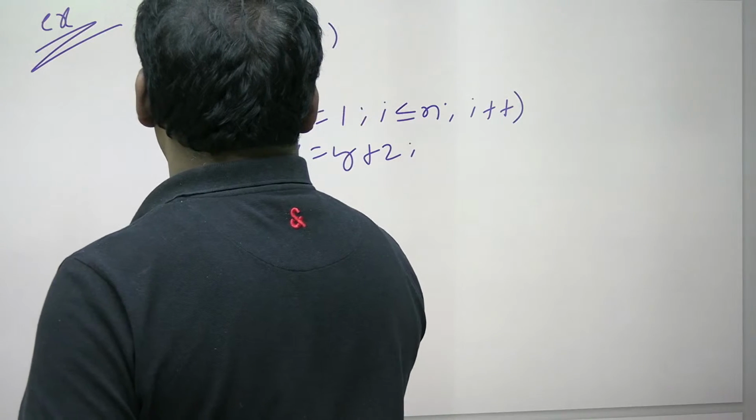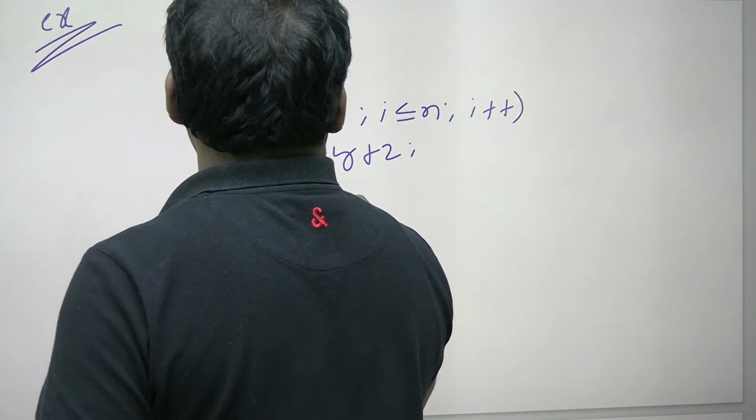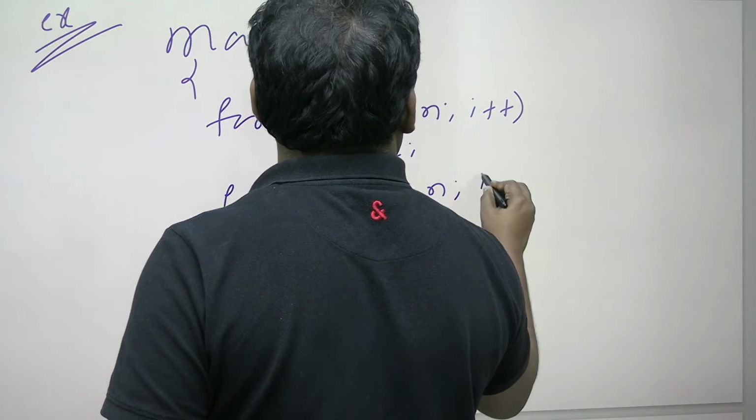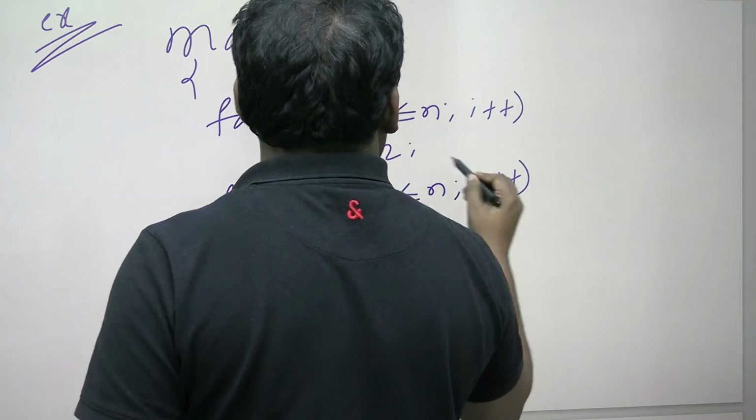Next one, for i is equal to 1, i less than or equal to n, i plus plus.